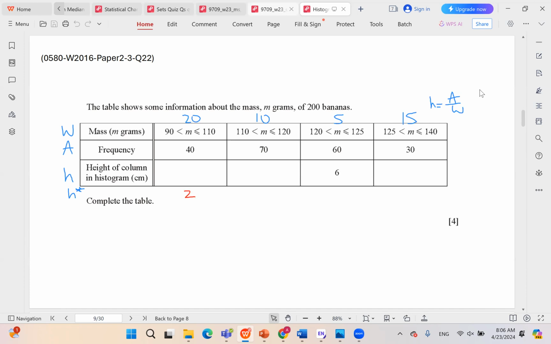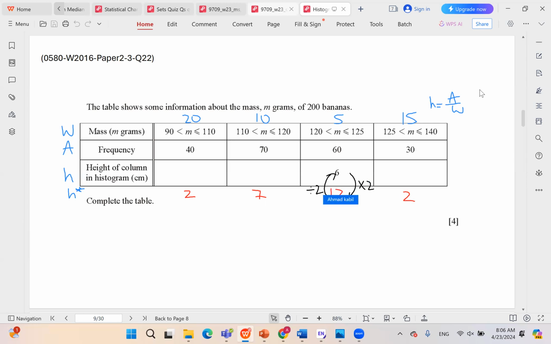And then 70 divided by 10, so this is 7. And then we have 60 divided by 5, so this is 12. Finally, 30 divided by 15, which is 2. So it's not exactly the same. H and H star are not exactly the same. We see here that to go from this to that, we are dividing by 2.